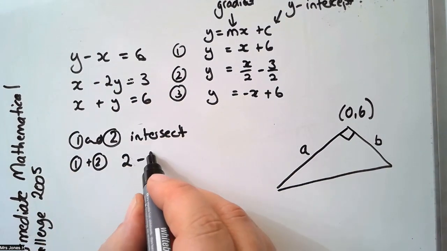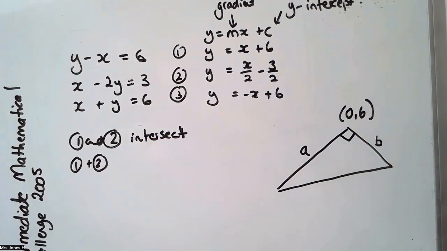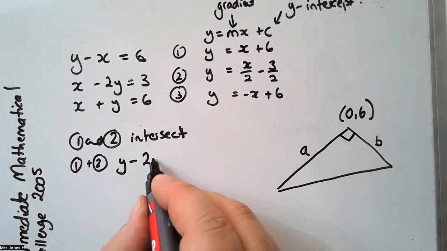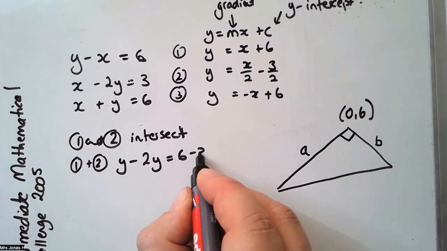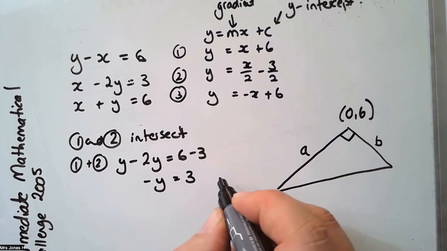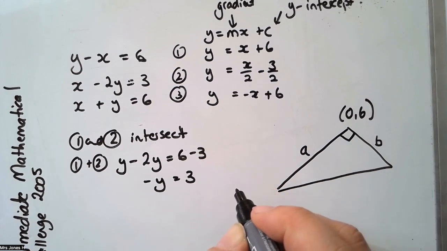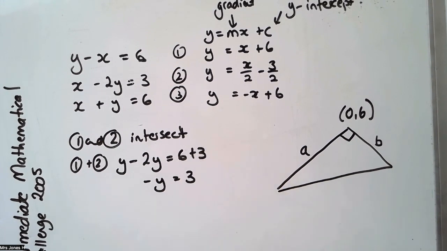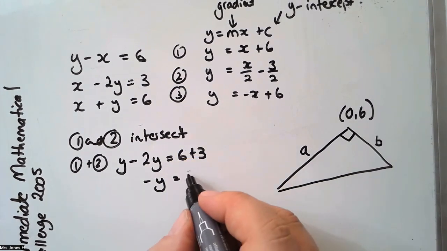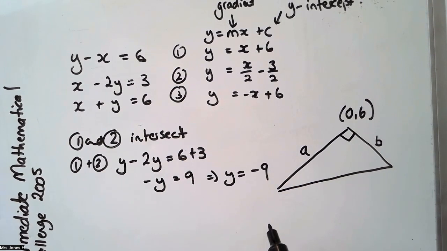Y subtract 2y equals 6 subtract 3. So therefore negative y equals 3. Oh, sorry, negative y equals 9, therefore y equals negative 9.